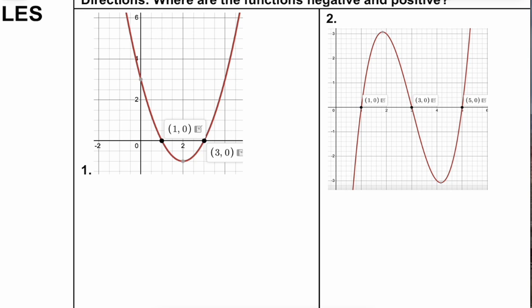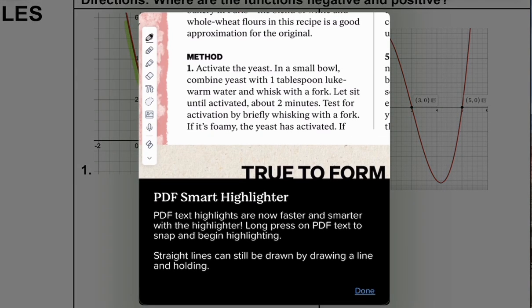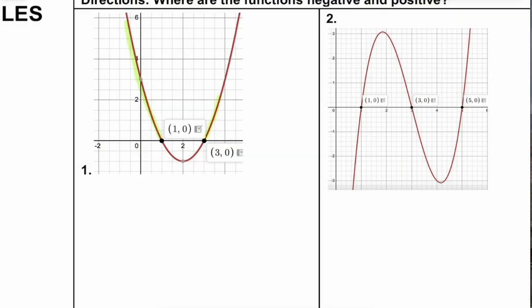So in this one, let's highlight the parts of the graph that are above the x-axis. I did it kind of in this green color, and then in red, I've highlighted where it is below the x-axis. So we would say that our function is positive. So the words are describing what our function is doing on what x interval.